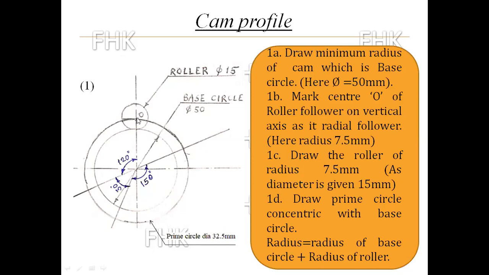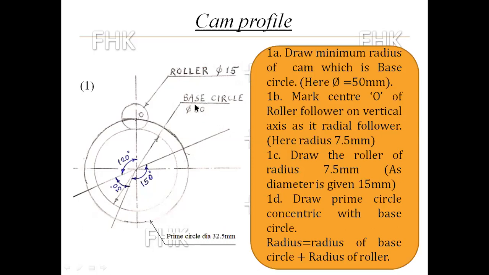Okay, so to draw the center of the roller, that is point O. This is the center, this radius is given, which is 25 mm, and the roller diameter is given as 15 mm. So I will add the radius of the roller, which is half of 15, that is 7.5.